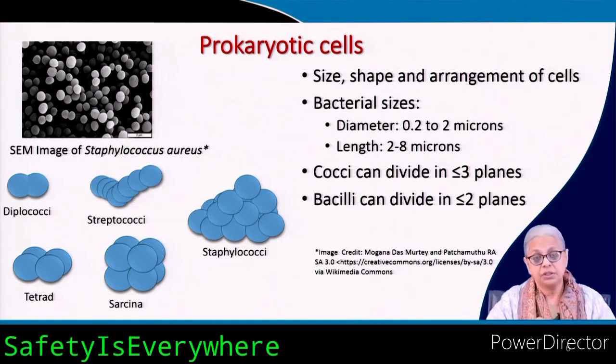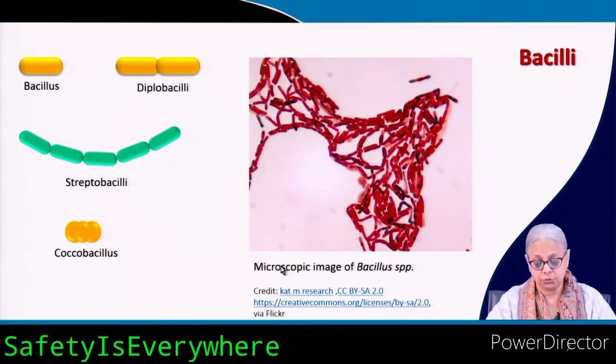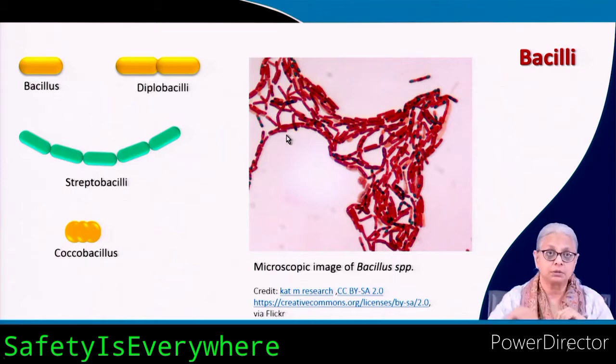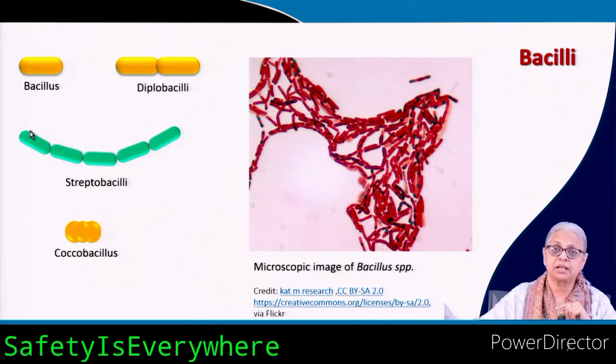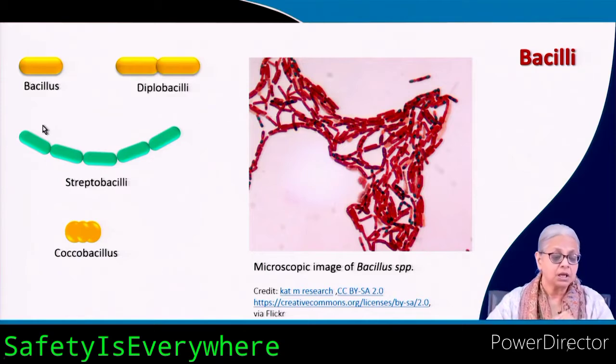Bacilli are slightly different. They are rod-shaped bacteria. So here we have bacilli species. You can see they are all elongated rod-shaped bacteria. So this is a single bacillus. If it divides in one direction, you get diplobacilli. If it continues to divide in the same direction, forming a long chain or filament, you get streptobacilli, same nomenclature.